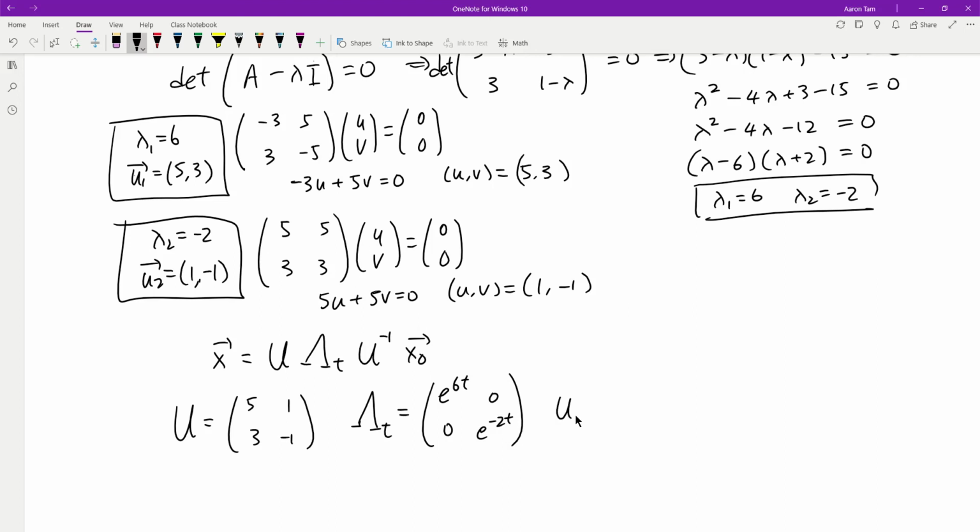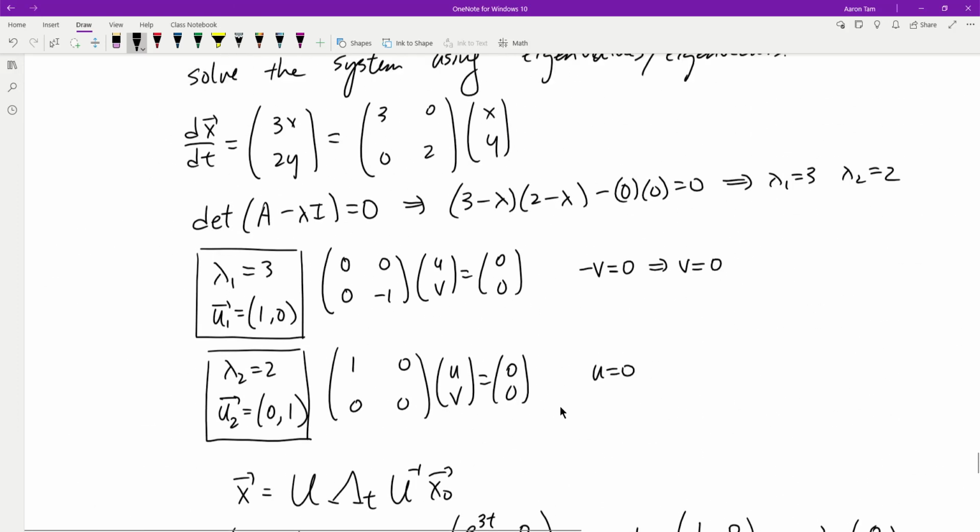Our U inverse would equal, let's see, 1 over 5 times negative 1 minus 3 times 1. So it's negative 5 minus 3, which is negative 8. And then, if I remember correctly, negative 1, negative 1, negative 3, 5.